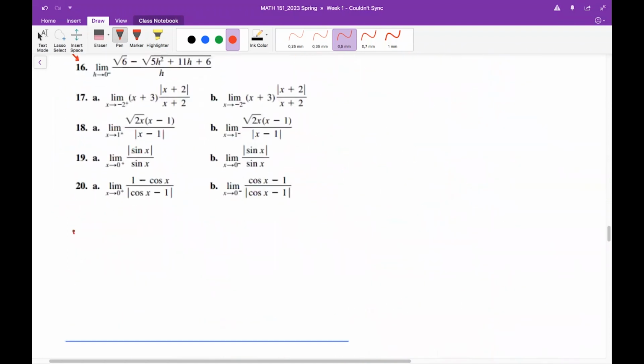So let's choose this one. Limit of (x plus 3)(x plus 2) divided by absolute value of x plus 2, as x goes to minus 2 from left. Okay, this is your minus 2 point and you are approaching from left. So you are inserting kind of minus 2.0001 kind of numbers, right?